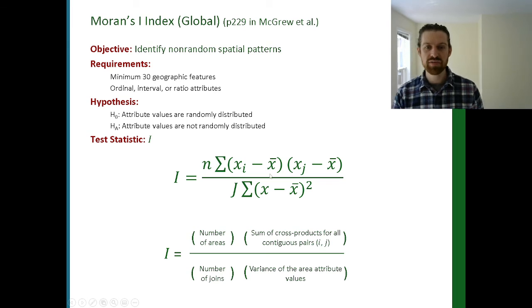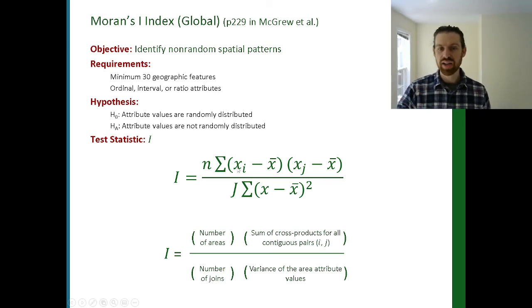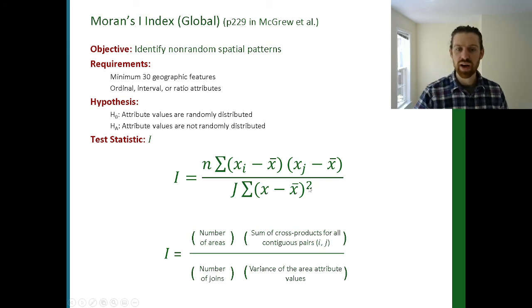We subtract the mean value of x from each xi or xj data point, multiply them and sum them, giving the sum of the cross products. The denominator is J, the number of joins, multiplied by the variance of the area attribute, the sum of the mean subtracted from x, squared.